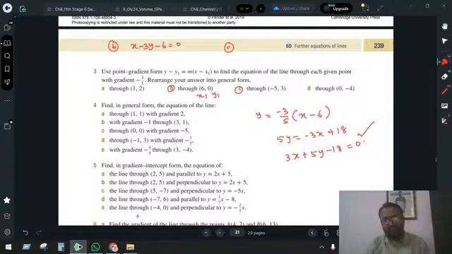The next equation will be y minus 3 is equal to minus 3 by 5 into x plus 5. It is 5y minus 15 is equal to minus 3x minus 15. 3x plus 5y is equal to 0.